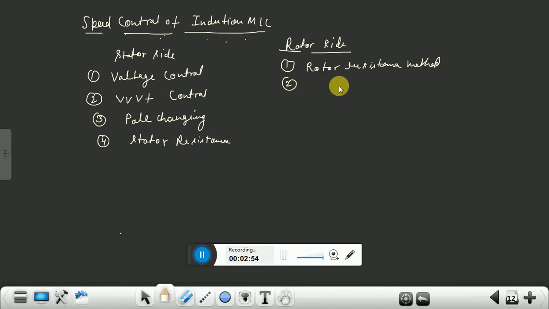Second is slip power recovery. And third is cascading.